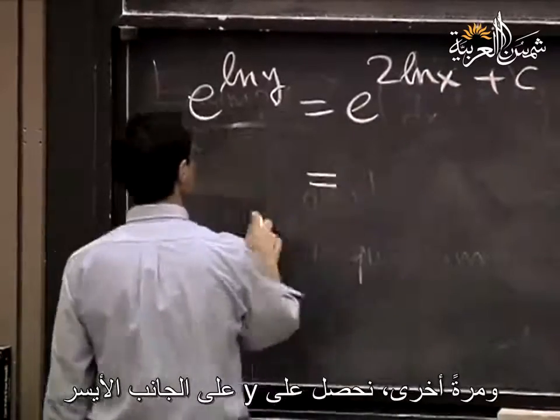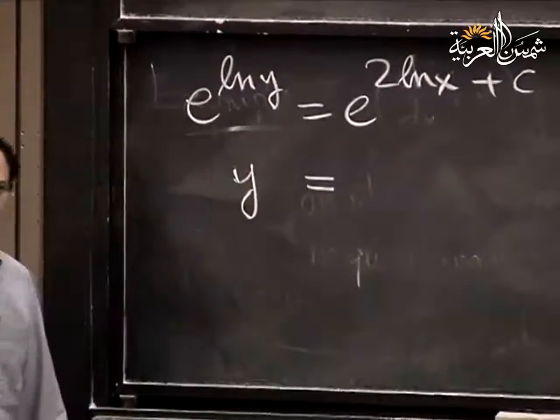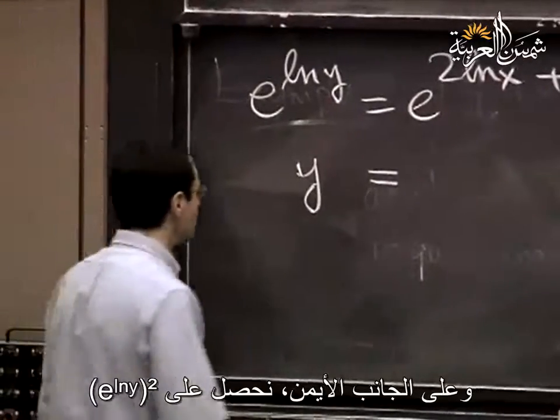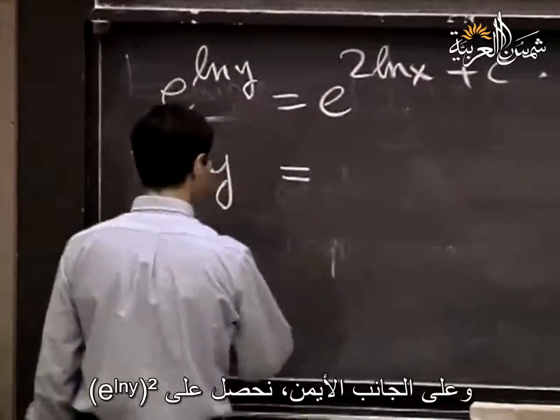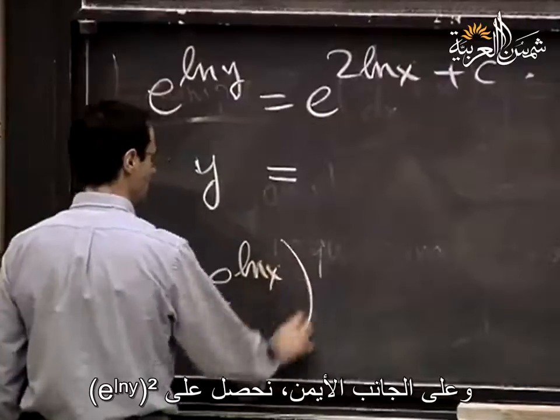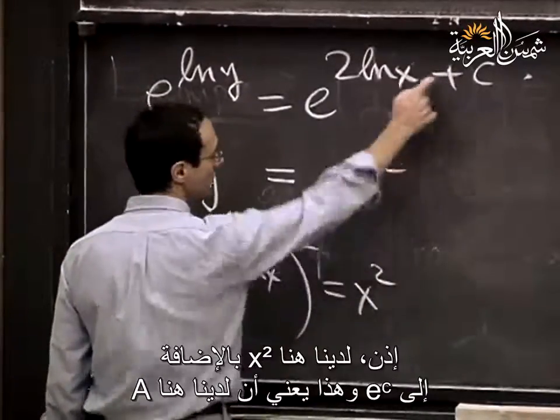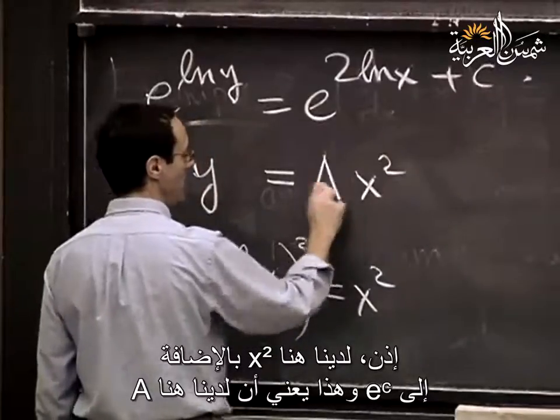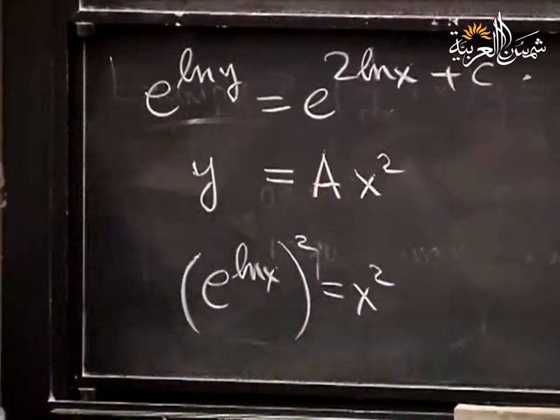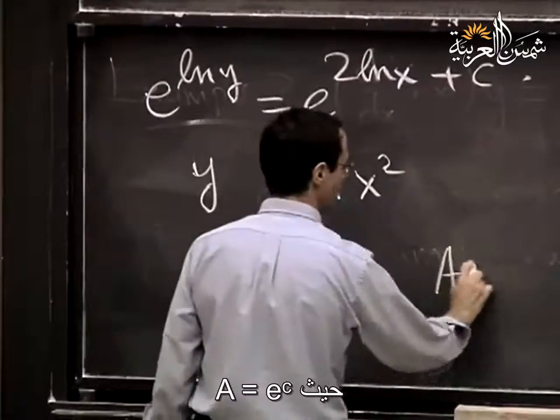So again, this is y on the left-hand side. And on the right-hand side, if you think about it for a second, it's e to the log x, squared, which is x squared. So this is x squared, and then there's an e to the c, so that's another one of these A factors. All right? A is equal to e to the c.